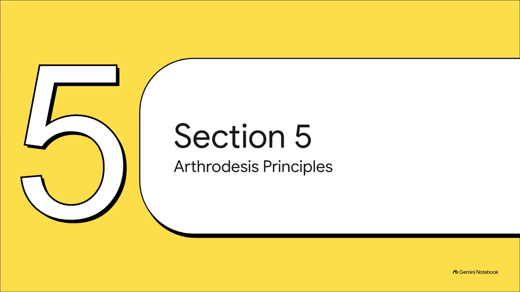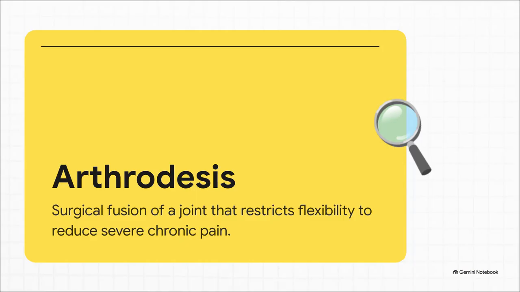Section 5. Arthrodesis Principles. So, what happens when we reach the highest level of intervention? We get to arthrodesis, which is essentially the surgical fusion of a joint. When joint pathology, think advanced bone-on-bone osteoarthritis or severe instability, becomes utterly untreatable by lesser means like injections or arthroscopy, the surgeon steps in with a definitive solution.